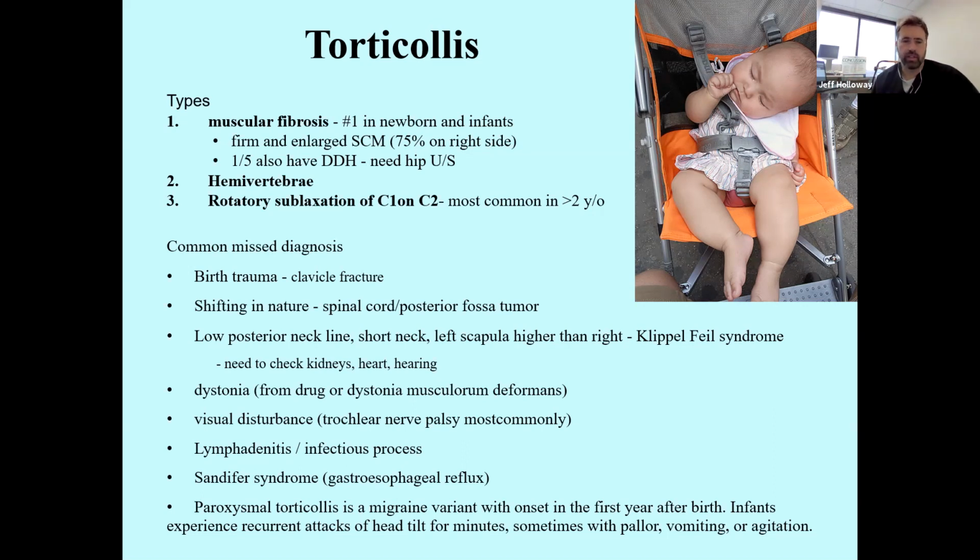There's Klippel-Feil syndrome, a congenital malformation with a short neck and the scapula being off, and other things like where his eyes are off, so he wants to turn his head so he can see better. Reflux is something too, and then there's a paroxysmal type that's a migraine variant, so every once in a while they do it.